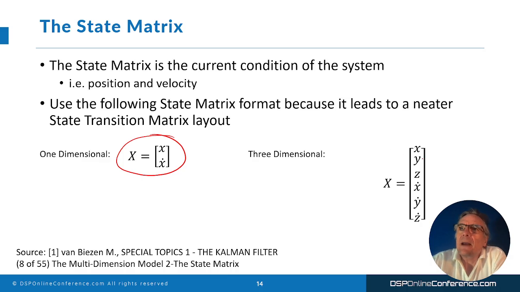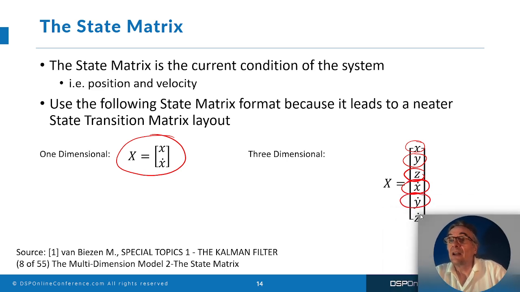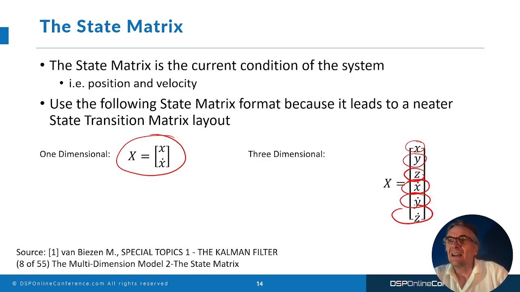Well, the best way to store the data that leads to the most efficient coding solution is to store the data like this, where we have all the positions, followed by all of the velocities. It just leads to a neater solution.